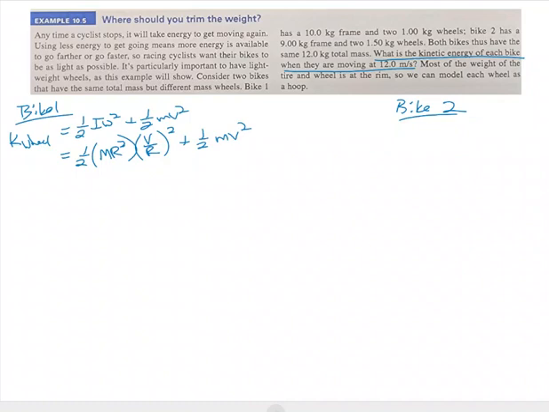Now, the kinetic energy of the bike. We'll need the kinetic energy of the frame and the wheel. It's equal to K rotational plus 1/2 mv squared.